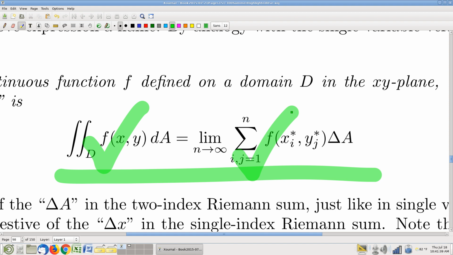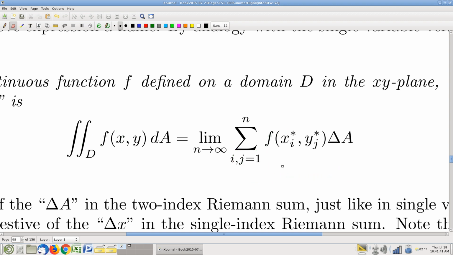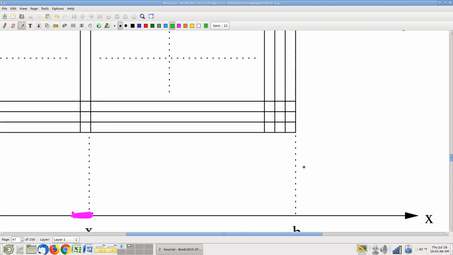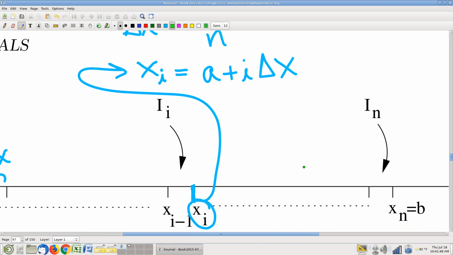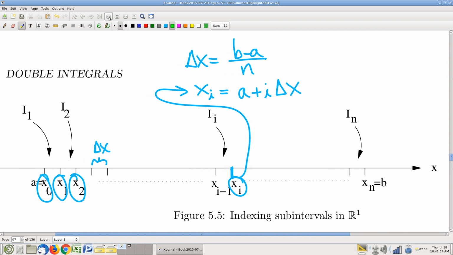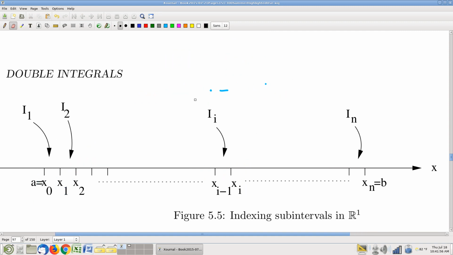Why does the sum start at 1, not 0? Yeah. So there's a bunch of details in here. Let me go back up to here. It's just an indexing thing, how we choose to define these things. Looking at here, I've got this interval from A to B, right? And what do I want to call that interval? I'm going to call it the first subinterval. No reason, right? I could call it the 0th. But the problem is, I want there to be a total of n of them.